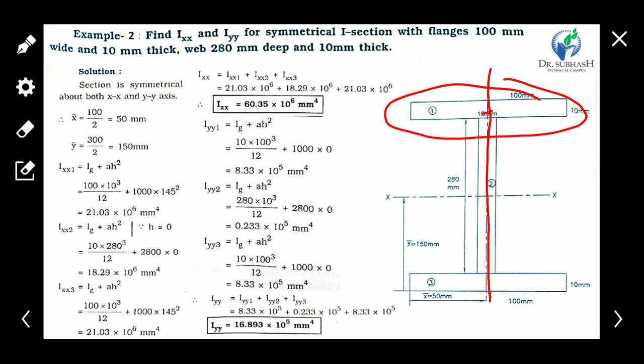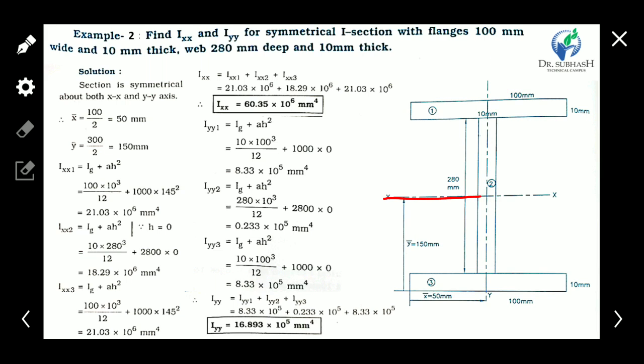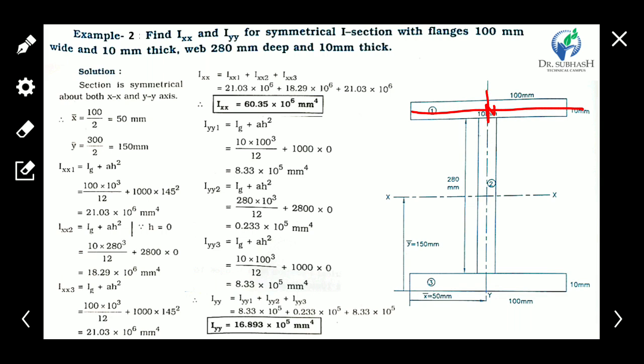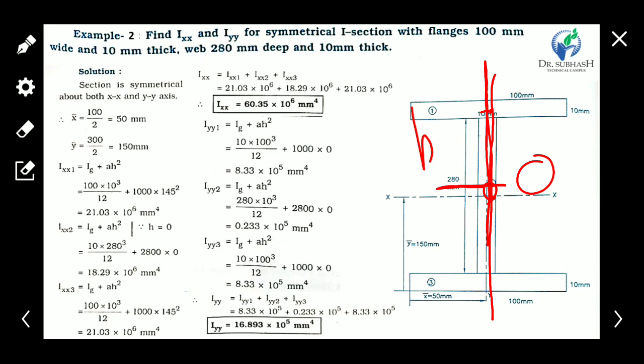The vertical axis passes through the CG of the I section, or we can say that the CG of this element and the vertical axis through the CG of the I section are on the same axis. So the distance is 0, h is 0.